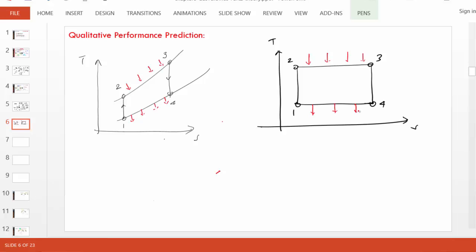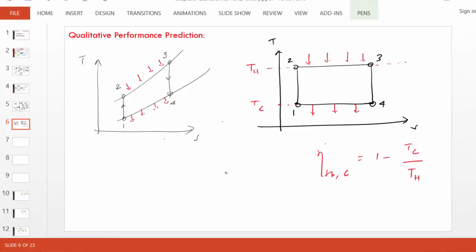Both heat addition and rejection take place at constant temperature, heat addition temperature is TH, and heat rejection is TC, and that gives us the thermal efficiency of the Carnot cycle to be 1 minus Tc over Th.